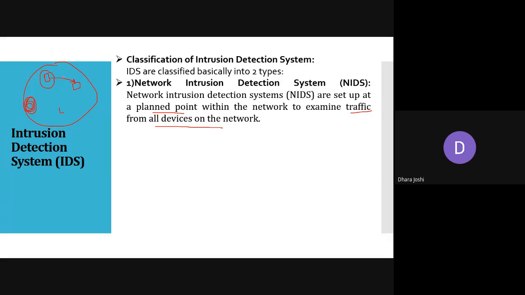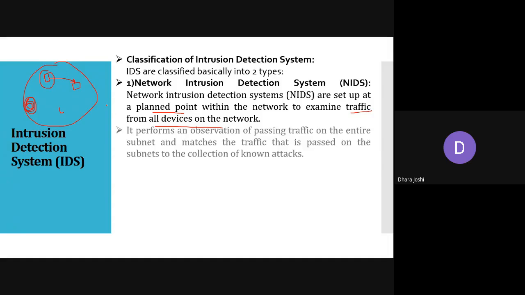Otherwise, it will just monitor and note down that from this source, they are sending a request to this person, and they will get the response at this time. This is not just for one particular node. This can be done for multiple nodes. So this is how it will monitor the traffic from all the devices on the network.